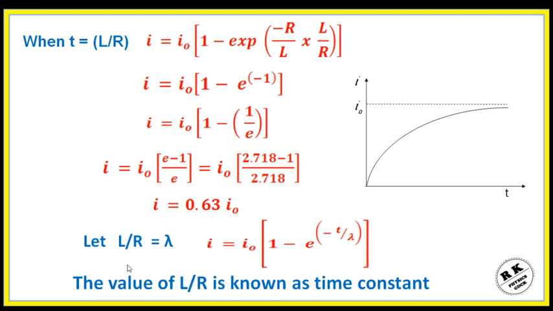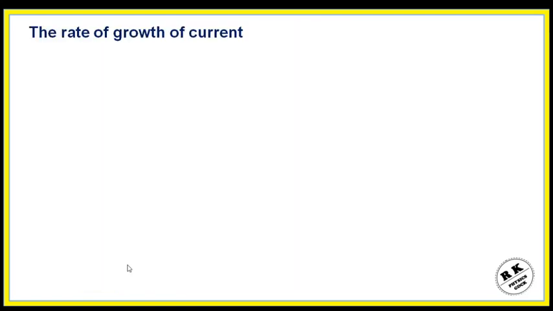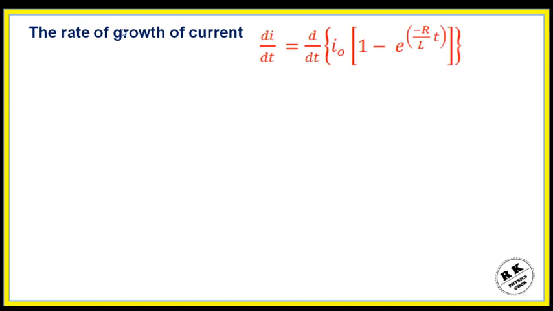Now let us see rate of growth. As already I have mentioned, for rate of growth, we will differentiate the instantaneous value of current. dI by dt can be written as differential of this instantaneous value.